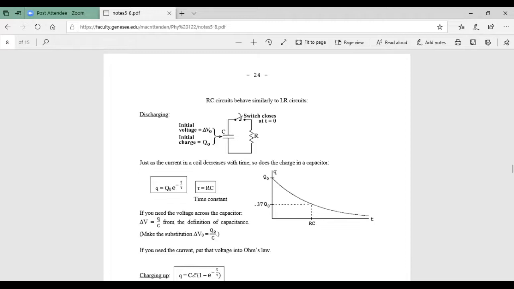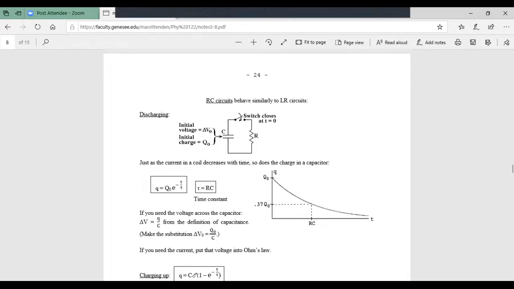So you get exactly the same exponential function describing what's going on. So we start out here with a capacitor which was originally charged up to some charge Q0.